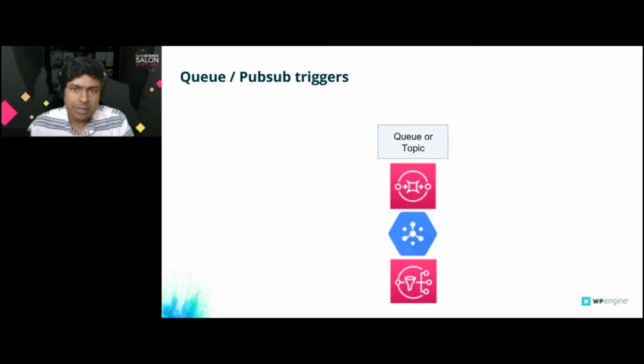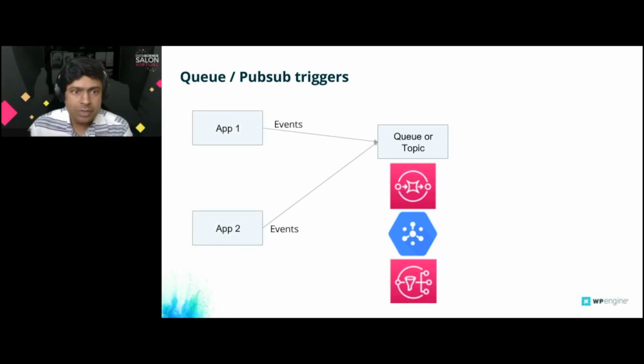Another great pattern is using a queue or a pub/sub topic to trigger serverless functions. So while your applications are running, they can publish events to this queue, like SQS, for example, or a pub/sub topic like SNS, Kinesis, or Google Pub/Sub. And then serverless functions can get triggered from these events.